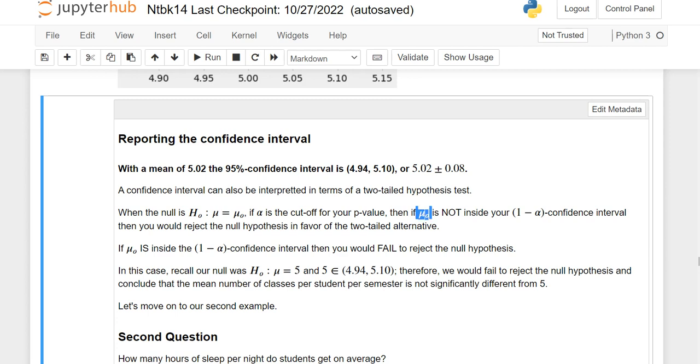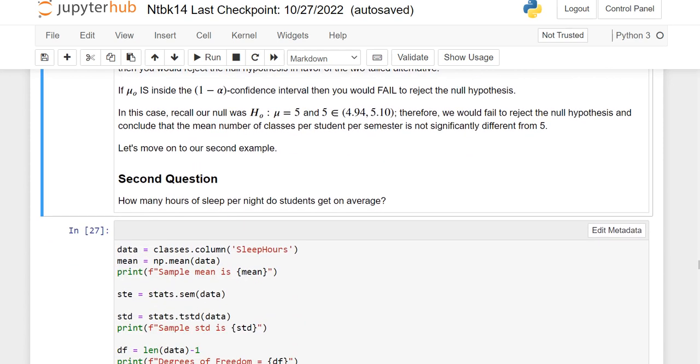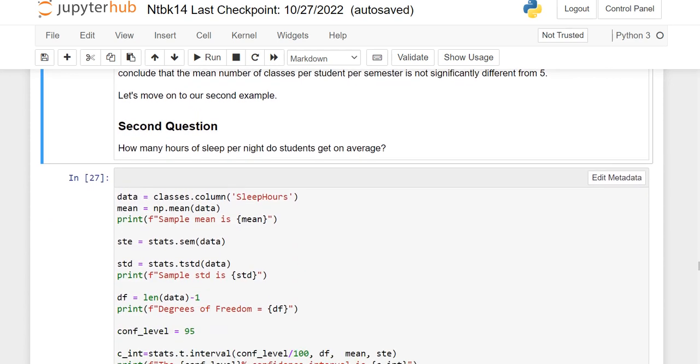If the number is not in my confidence interval, then I reject the null. If that number is inside the confidence interval, then we fail to reject the null hypothesis. So you can use these confidence intervals to conduct a hypothesis test.